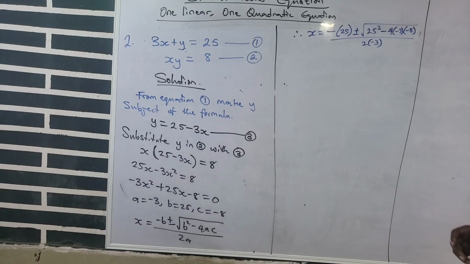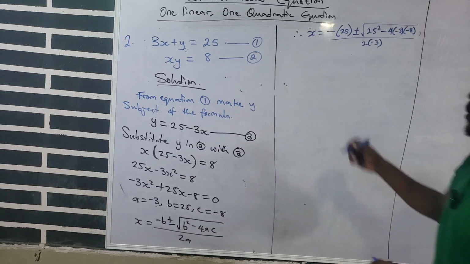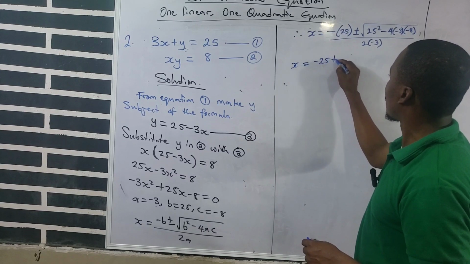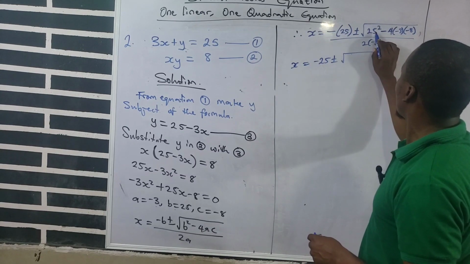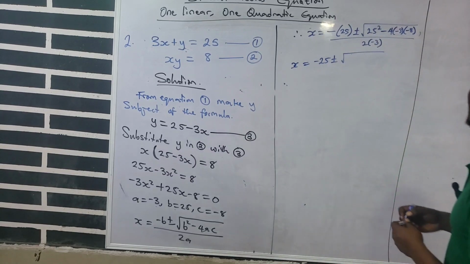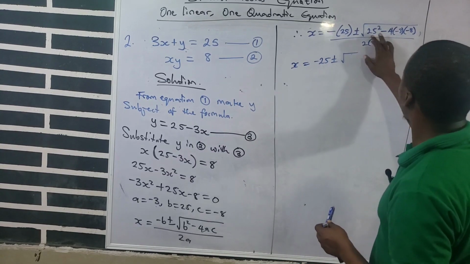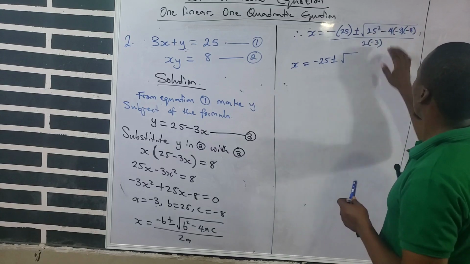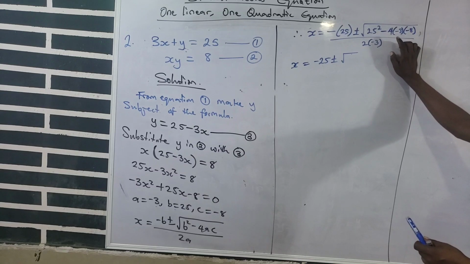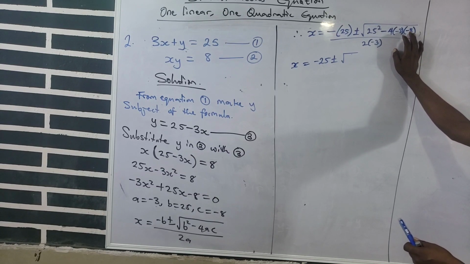Okay, so with what we have now, we solve for x. x will give us minus 25 plus or minus the square root of... So we are going to simplify all the numbers inside this square root: 25 squared minus 4 times minus 3 times minus 8, okay?